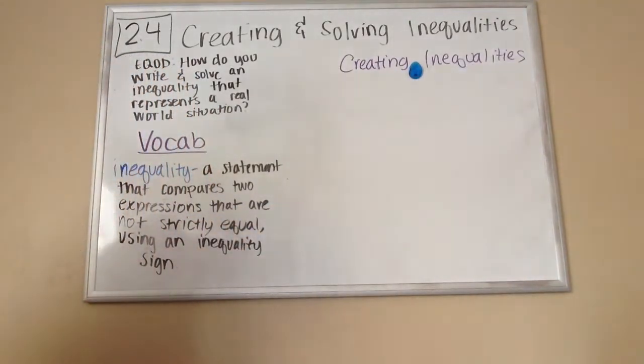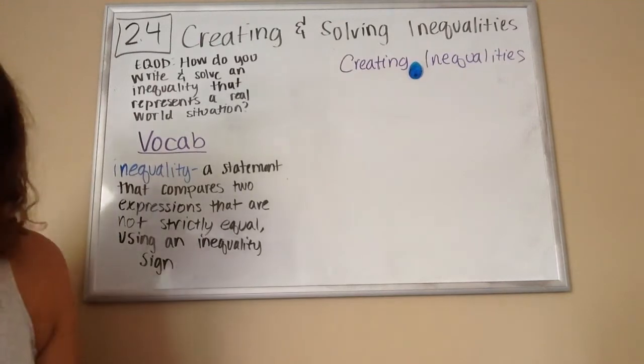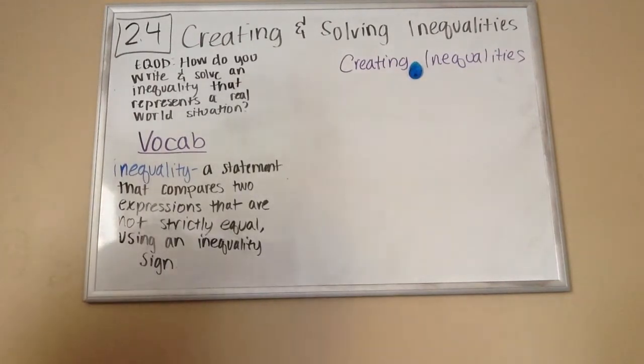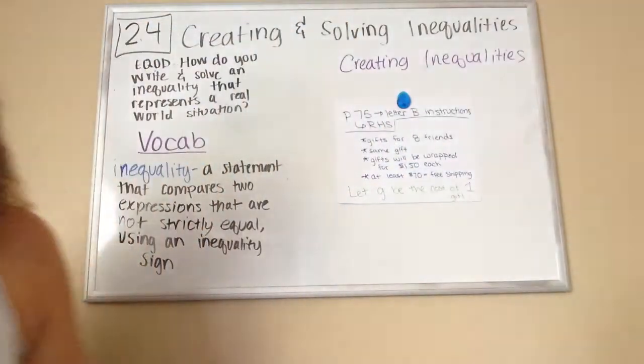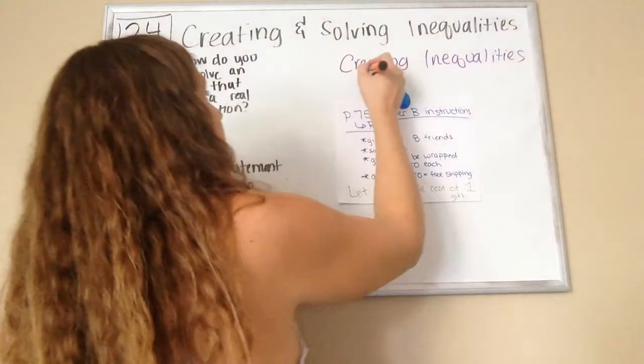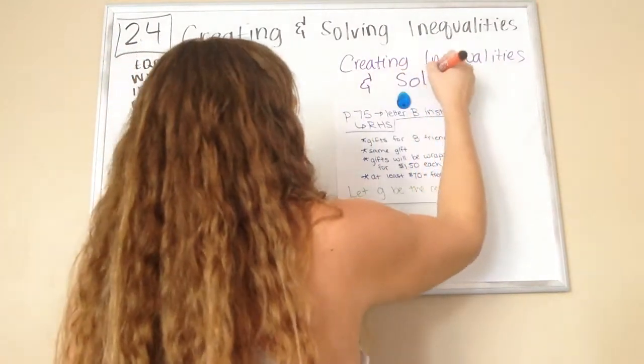If you are back with me, I'm assuming you've already completed those two on the left-hand side, and we are going to move on to some more complex inequalities, and we're going to be creating and solving them.